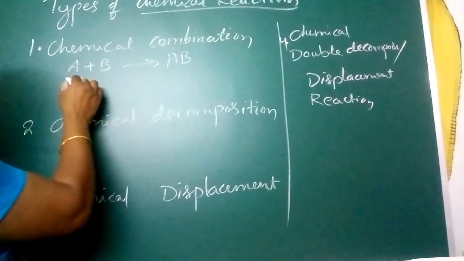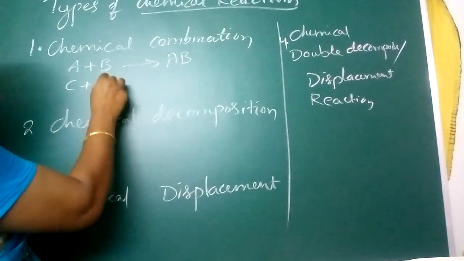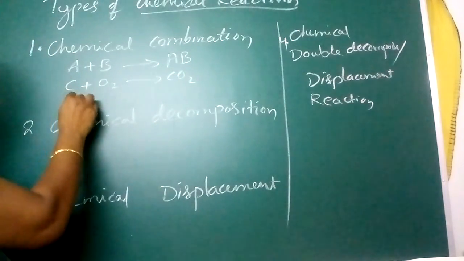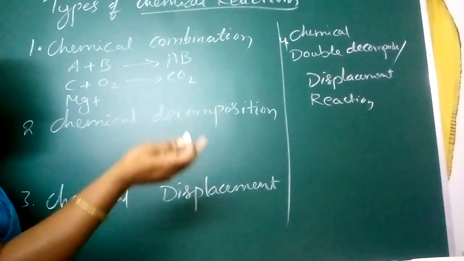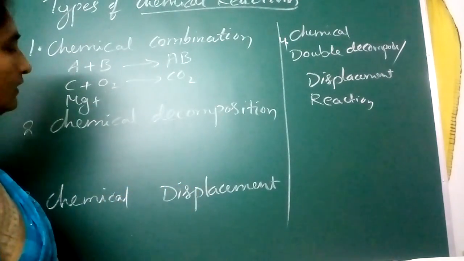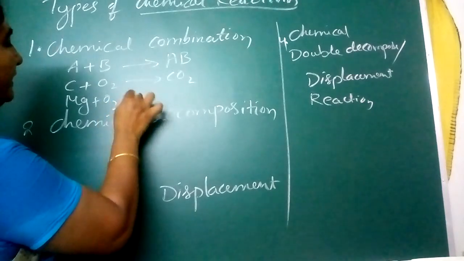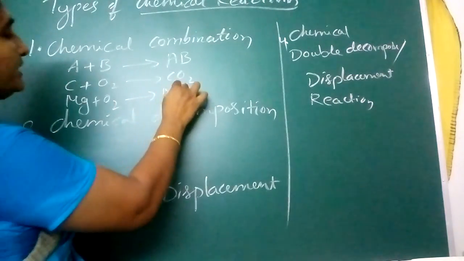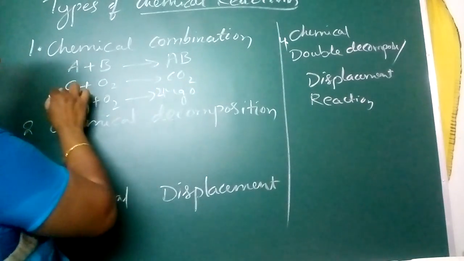A good example: you take carbon and when it is combined with oxygen, CO2 will be formed. And the magnesium ribbon you use in crackers in Diwali, no? When magnesium ribbon is combusted, MgO will be formed.